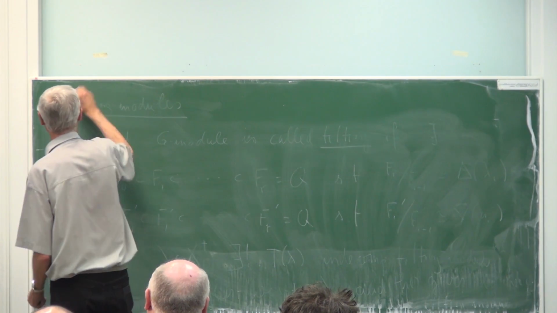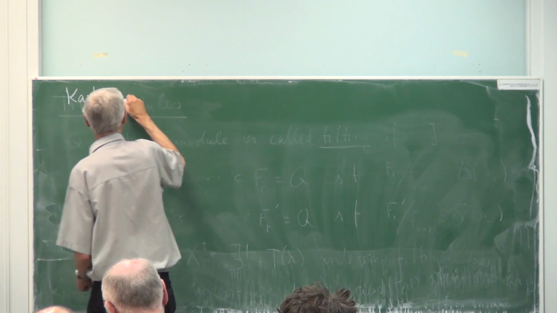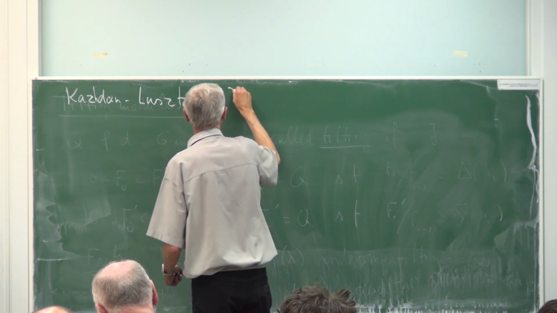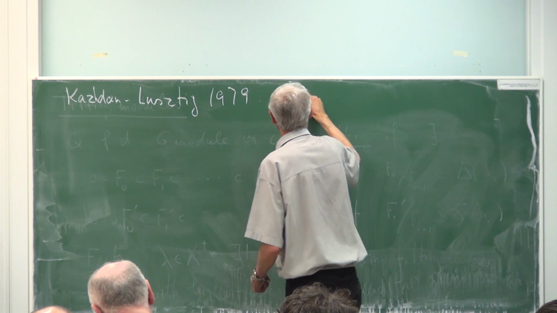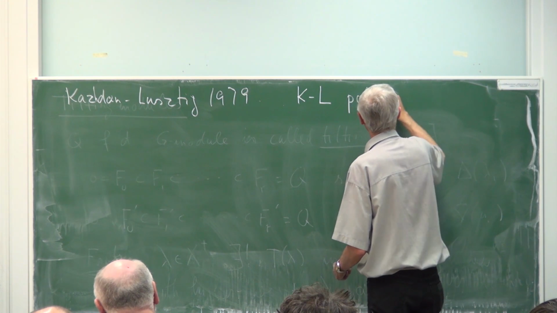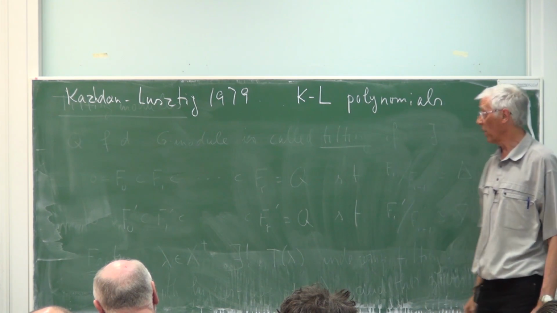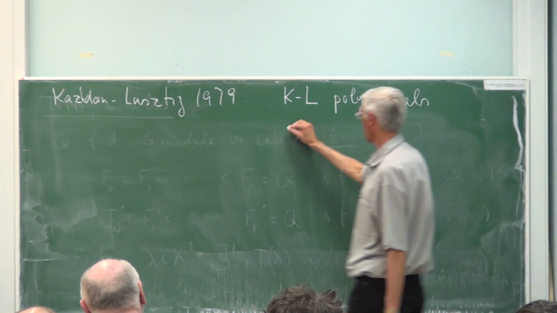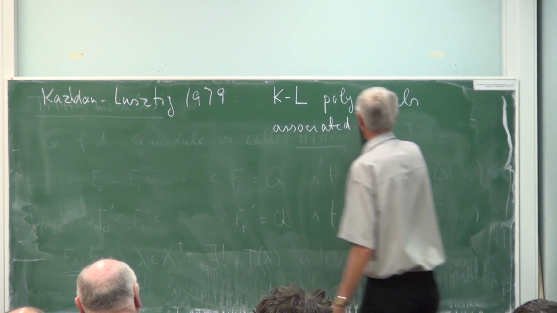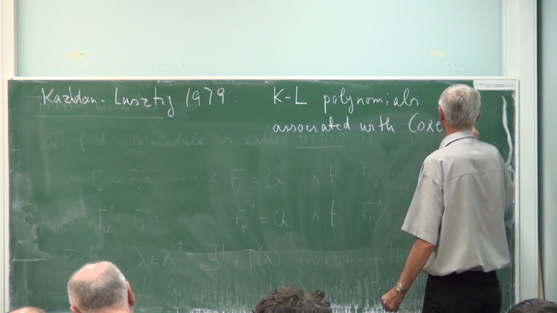Kazhdan and Lusztig in 1979 came up with what has become known as Kazhdan-Lusztig polynomials. So these are polynomials associated with Coxeter groups.